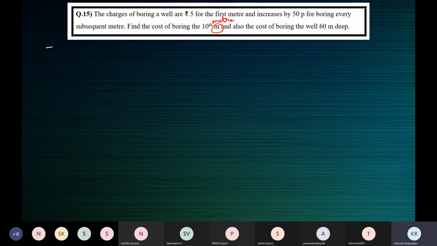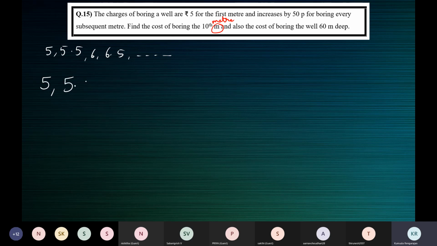The terms of the AP are 5, 5.5, 6, 6.5, and so on. What does 5 represent? A1. That is the cost of boring the first meter. Only the first meter is 5 rupees.